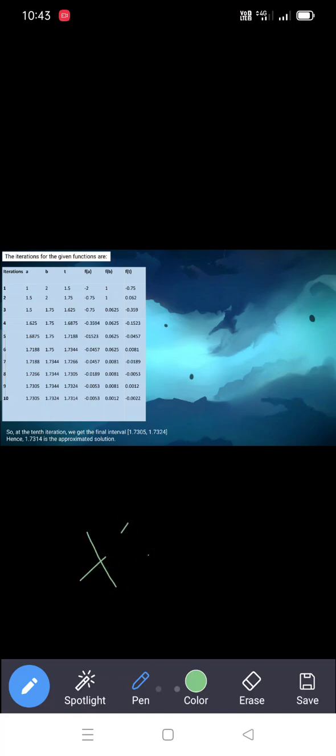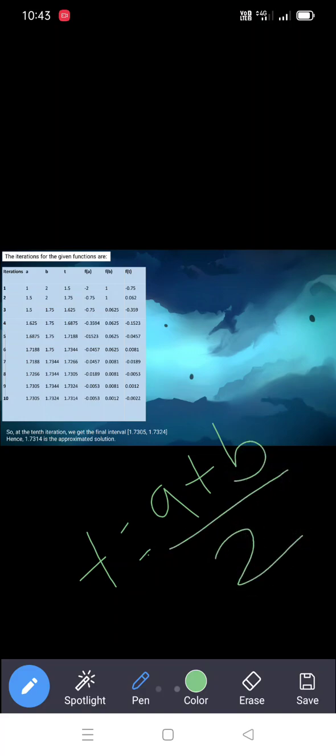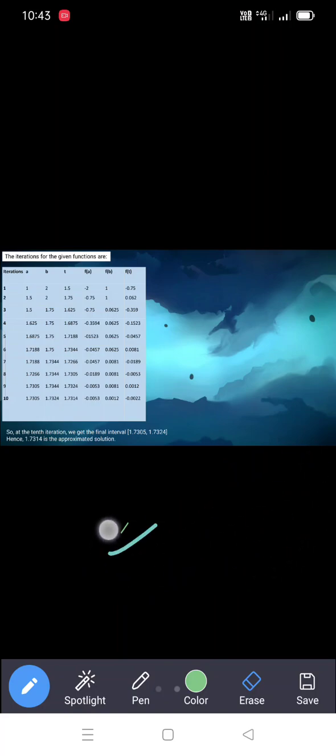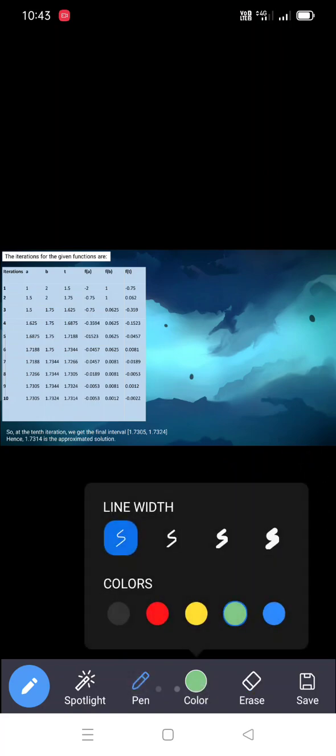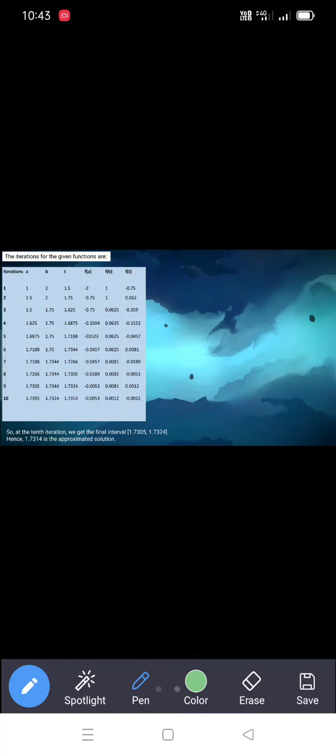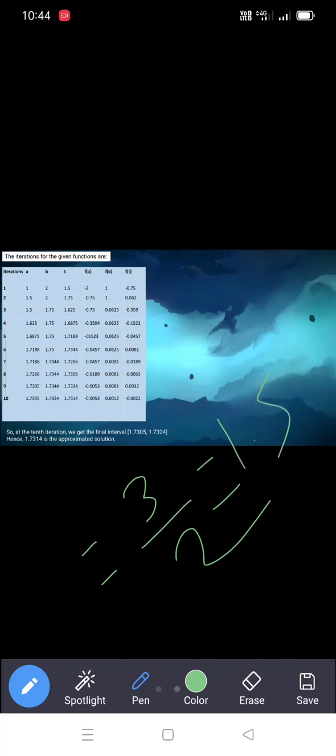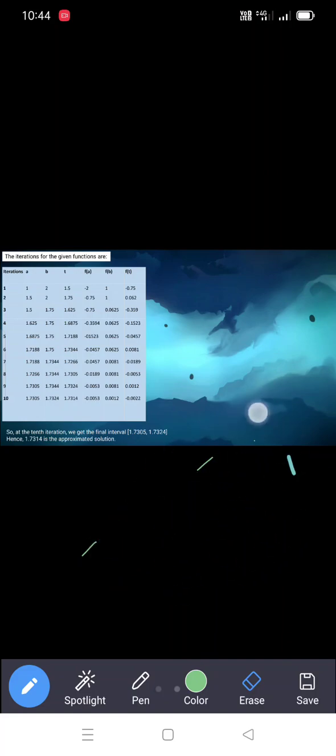Then t is equal to a plus b by 2. So it gives 3 by 2 and it will become 1.5. So the value of t is 1.5.